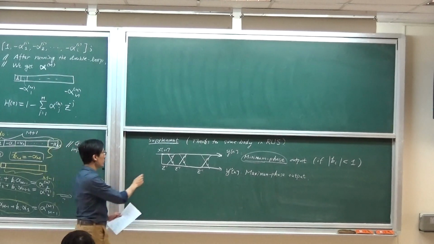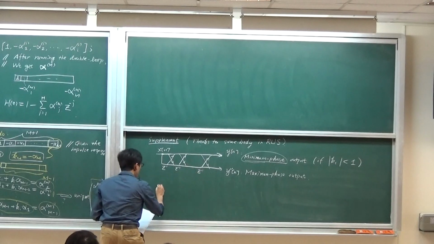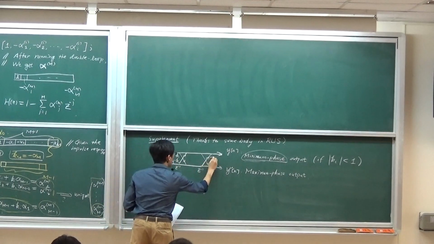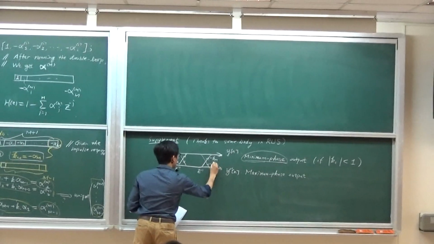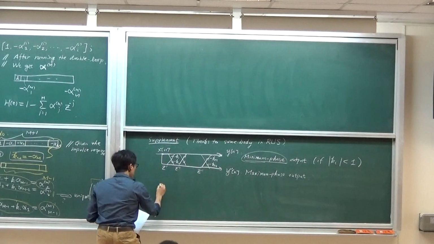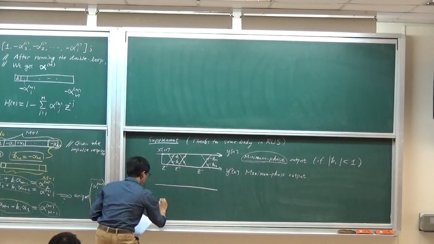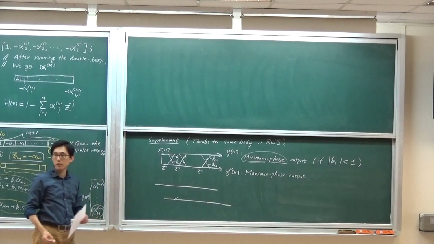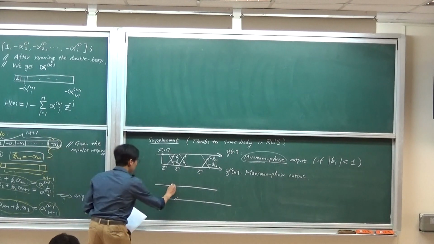Here we have an FIR system. Now I'm going to share with you, if all the coefficients here are minus k1, still the same notation, the same naming, then the inverse system also has two lines. But the bottom line is going from right to left, and the top line is still going left to right.